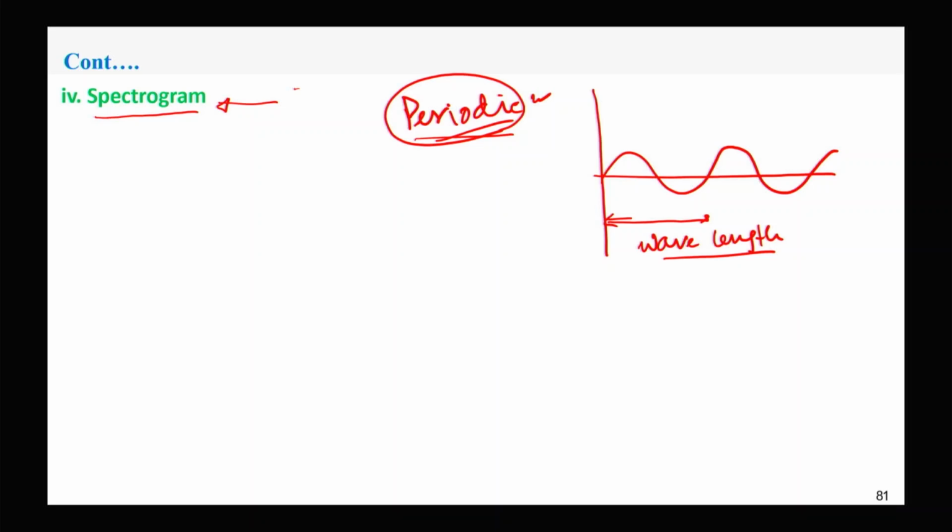And once we identify the wavelength, then we can pinpoint the defective component of the machine in the spinning line. So the application of spectrogram is just to identify the defective point.